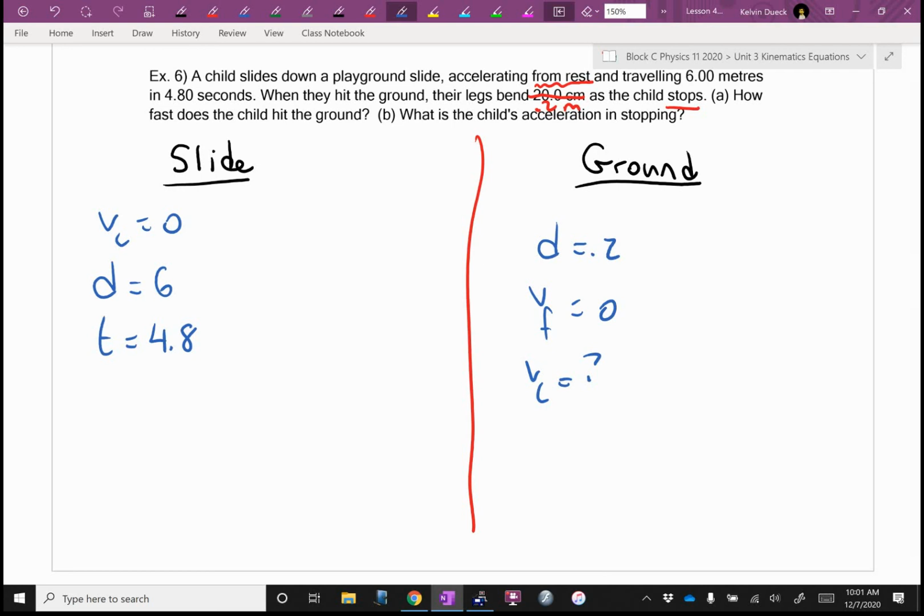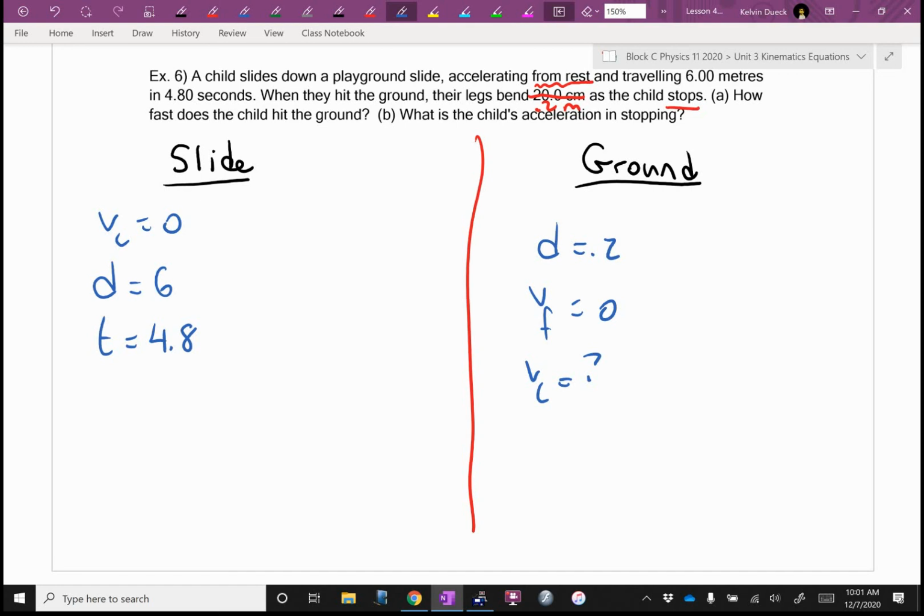How many pieces of information do I know on the ground side? 2. How many do I need? 3 to find the 4th. For a candy, can anybody spot what I can do here?